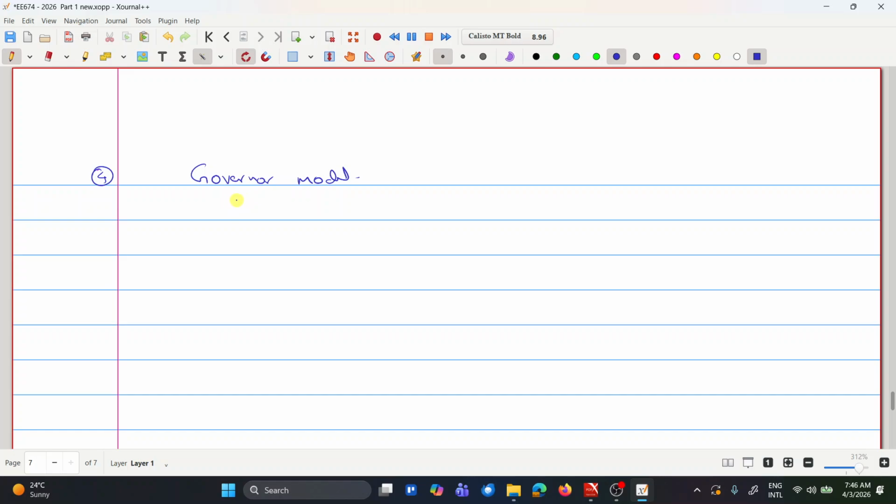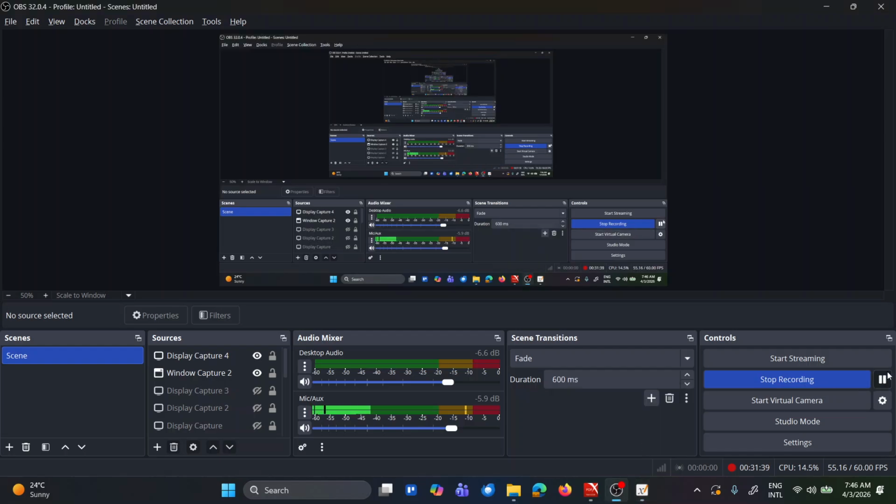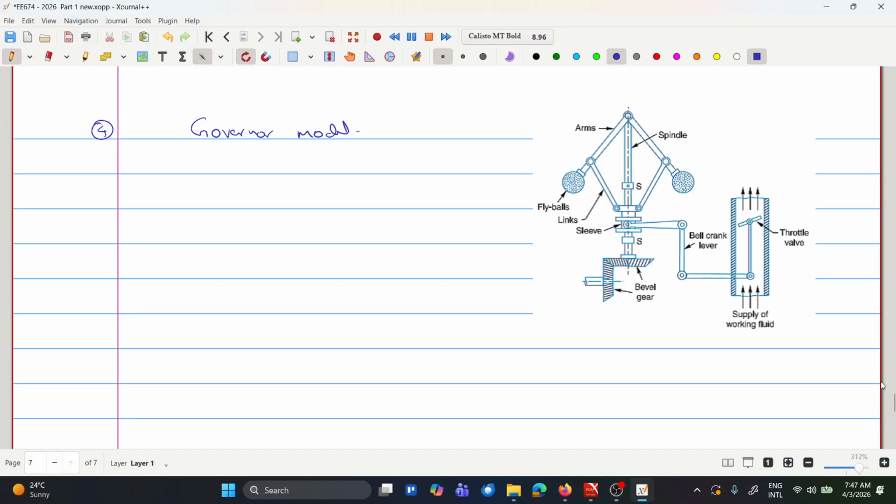Here I have just pasted the governor. This is a mechanical governor system.